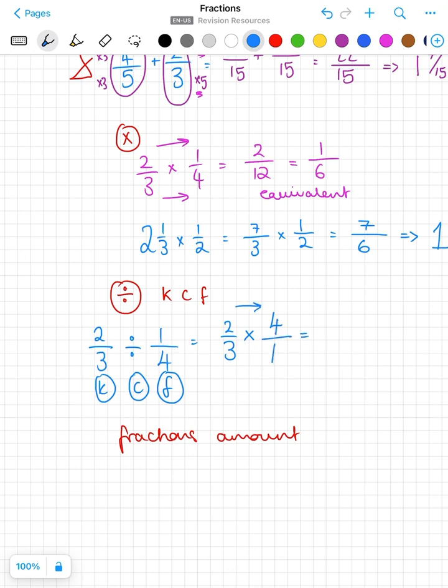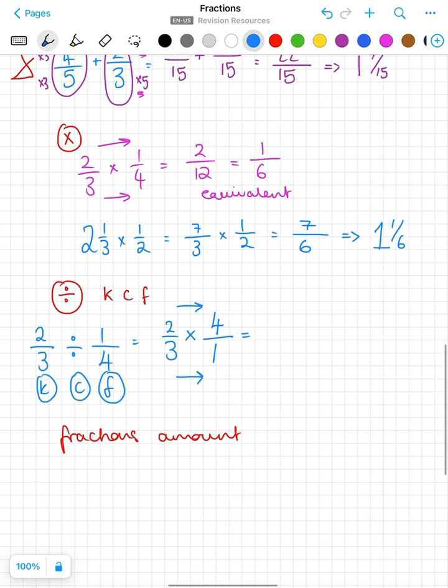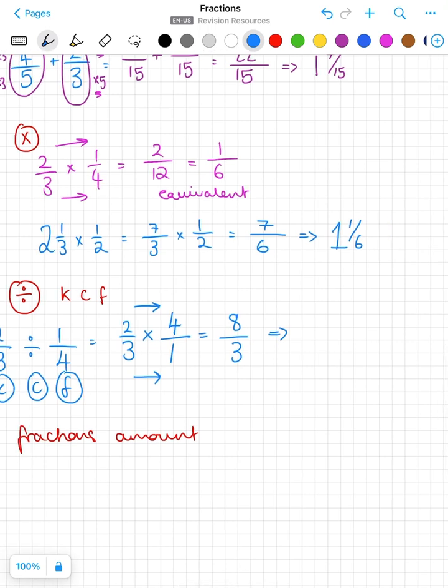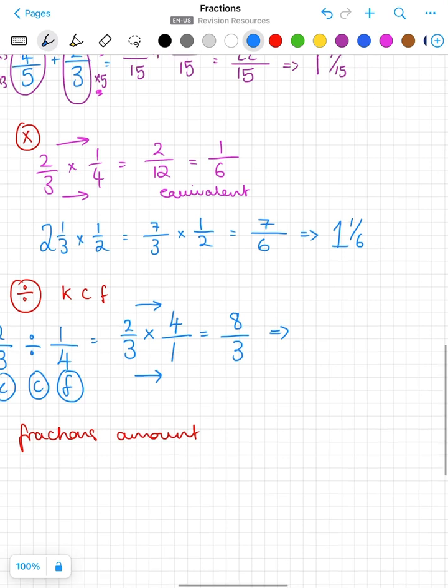Now it becomes a multiplication with fractions, and we just time straight across. That's 8/3. Let's practice getting that into a mixed number fraction. How many 3's go into 8? That's 2. Remainder 2. So 2 2/3.